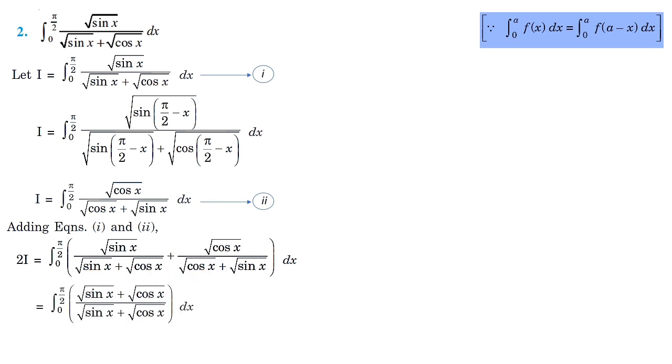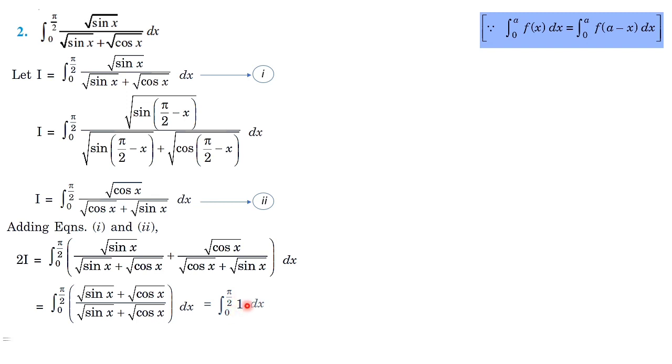In both terms the denominator root sin x plus root cos x is common, so since the denominators are the same, you just add the numerators. Then root sin x plus root cos x by root sin x plus root cos x, numerator and denominator are the same, we can cancel and write it as 1: integral 0 to pi by 2 of 1 dx.